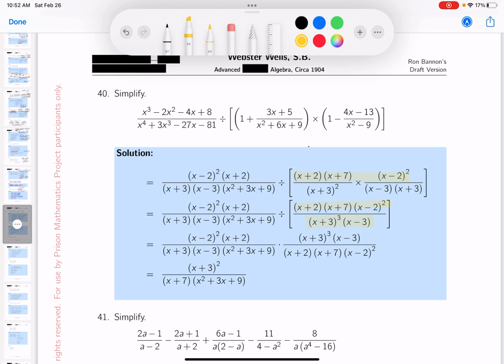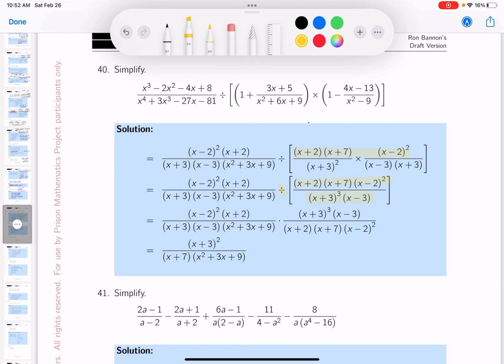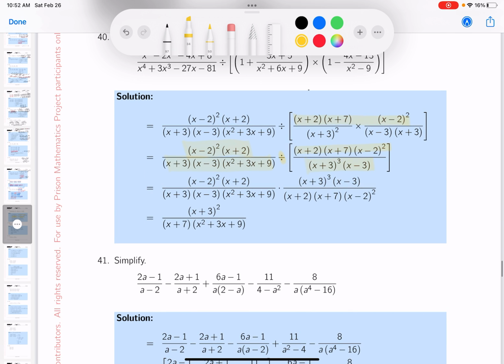Factors on the bottom: there's 3 factors of x plus 3 and x minus 3. I still see the division. That's all I've done. Right as a multiplication problem, I take the reciprocal. That's x plus 3 cubed, x minus 3.